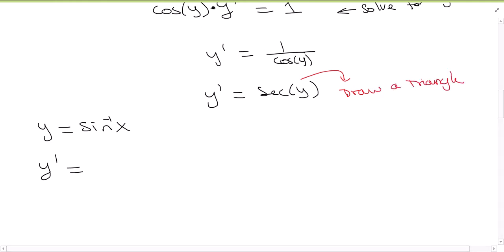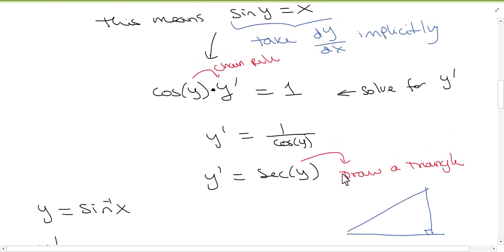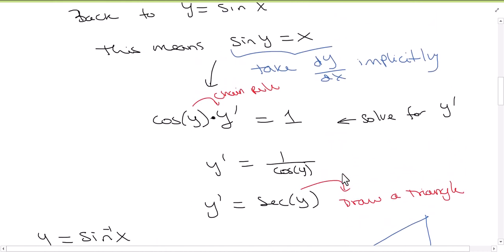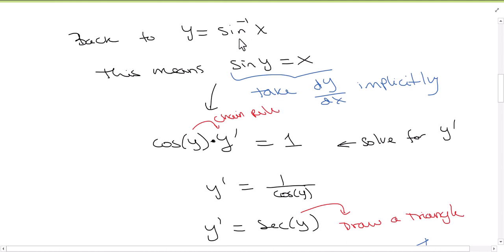Hopefully that problem helped jog your memory as to what we're going to do here. So draw a triangle, and we're going to do this. So we have our triangle and we're trying to figure out what's going to go in here. Now remember, we said that y equals sine inverse x means that sine of y equals x.